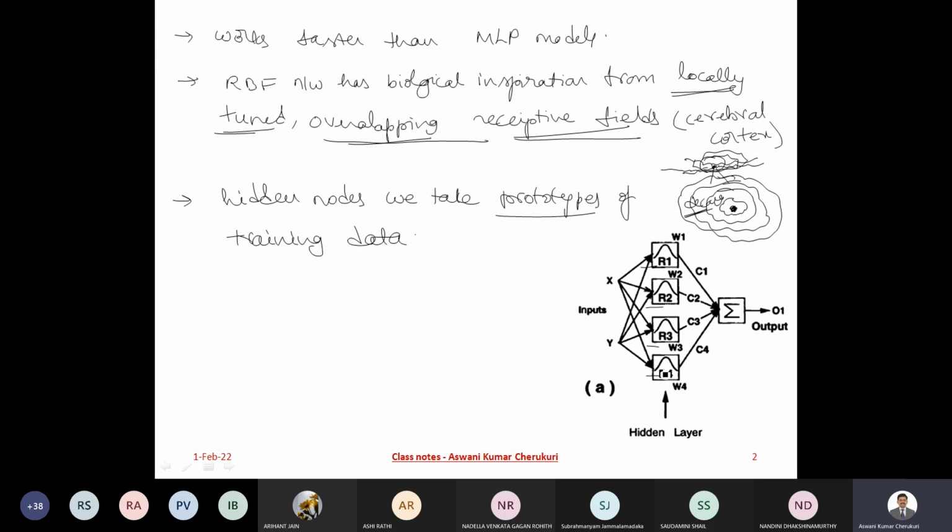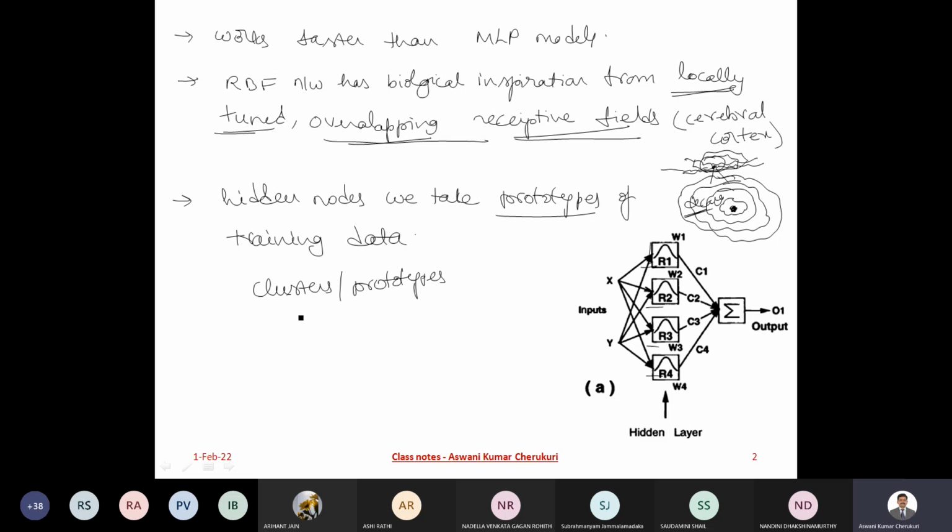From that, I am creating 4 prototypes, or I can call them 4 clusters. These 4 clusters or prototypes form my hidden nodes.